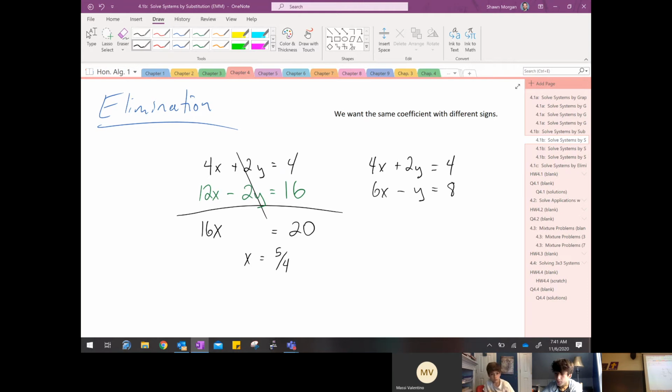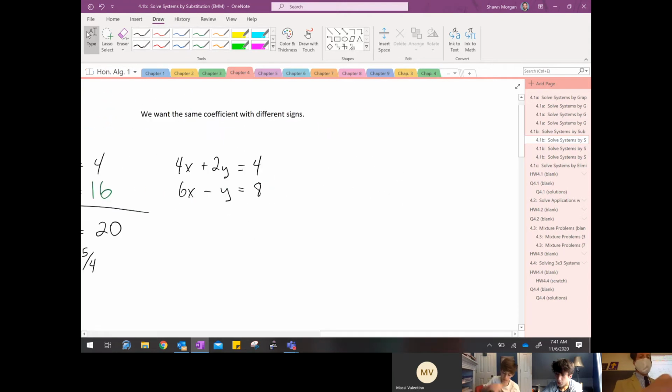Least common multiple between 4 and 6 is 12. So what would I need to multiply the top row by in order to get 12? 3. Let's multiply this top row by 3, and we'll get a new top row. What is that? 12x plus 6y equals 12.